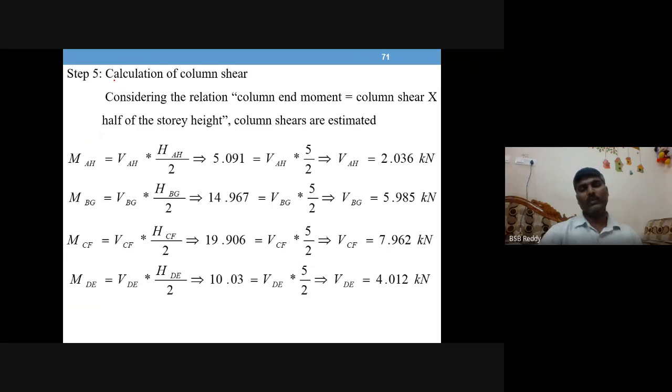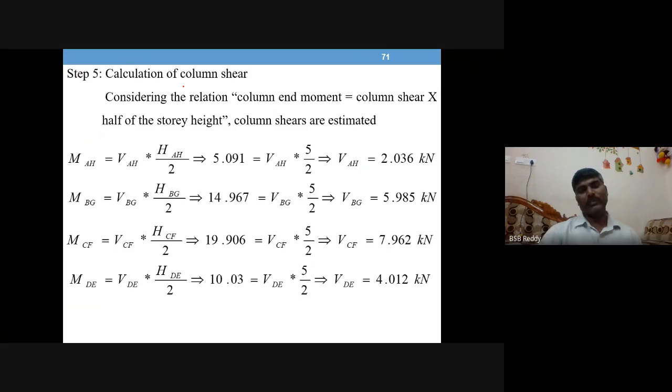If you go back and see all the steps involved in this cantilever method, we started with two assumptions. Step 1 is column axial loads. After you calculate column axial loads, step 2 is beam shear.